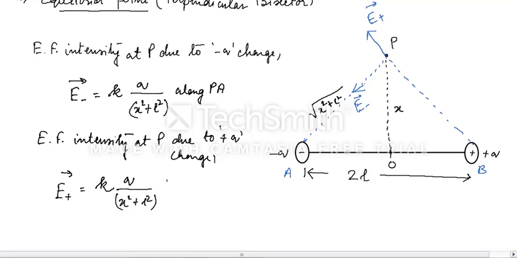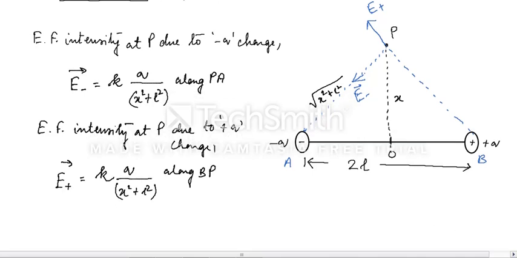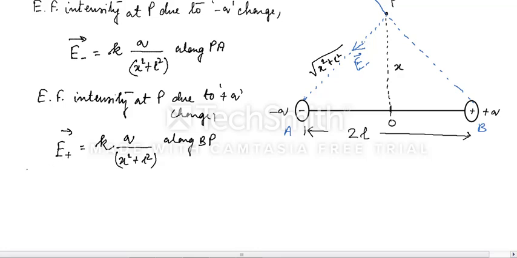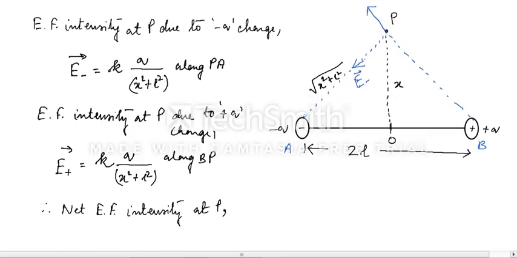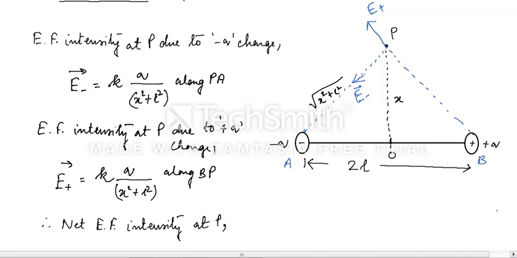This is directed along BP. So how we can find the net electric field at point P? Therefore, net electric field intensity at P can be found by taking the vector addition between them.